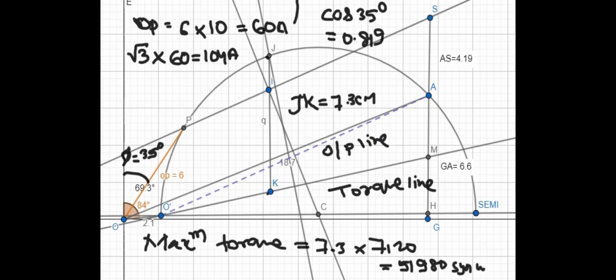Likewise, now after connecting this point with this line, you will get the maximum power.